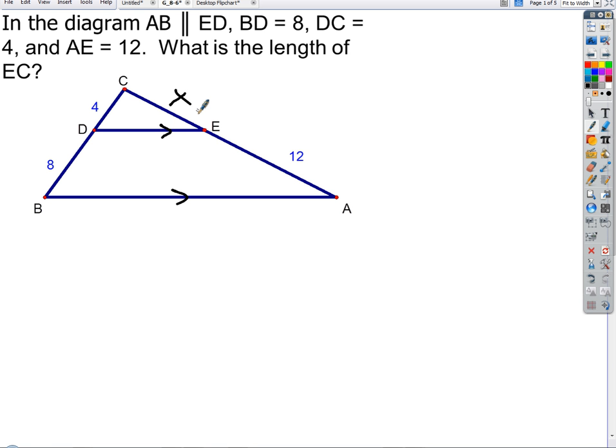Okay, right, so we know that this line has come in and it's cut through the triangle parallel to one side, so it's got to cut the two sides proportionally, right? So top over bottom equals top over bottom, right? Does that make sense? So 4 over 8 equals x over 12, right? And then we're experts at solving proportions.